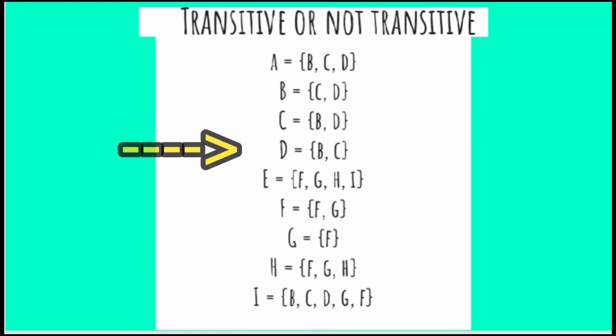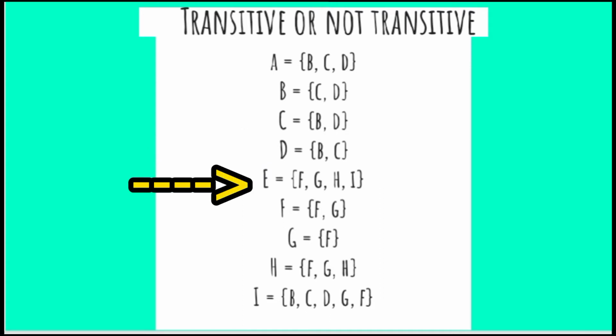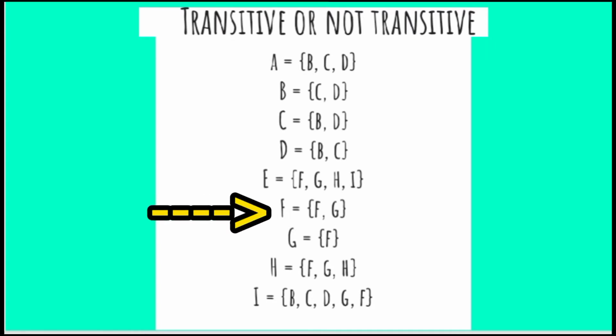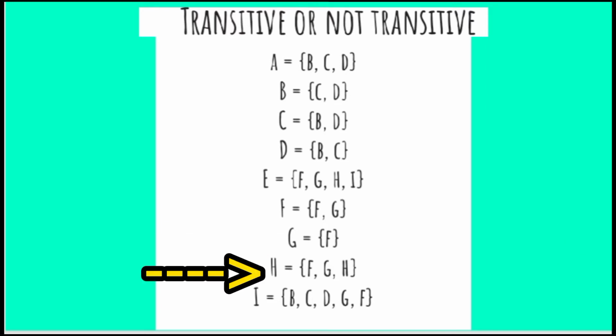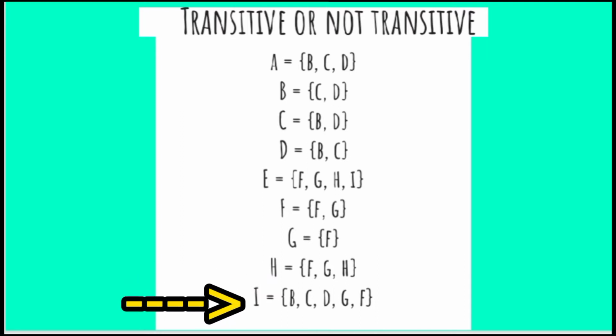D has elements B and C. And another set is E, which has F, G, H, and I. Set F has F and G. Set G has only F as a member. Set H has F, G, and H. And set I has B, C, D, G, and F as members.